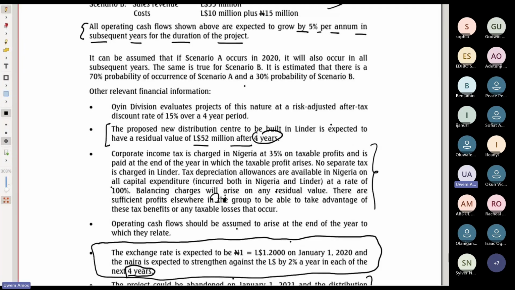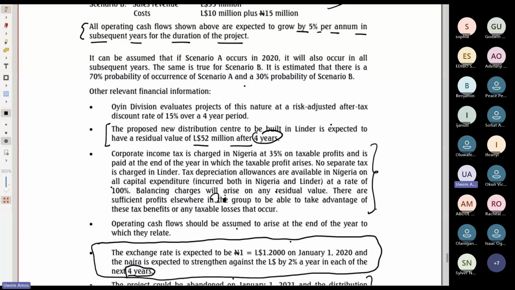Let's read it together, guys. It says, corporate income tax is charged in Nigeria at 35% on taxable profit and is paid at the end of the year in which the taxable profit arises. So we've handled that. No separate tax is charged in Linda.